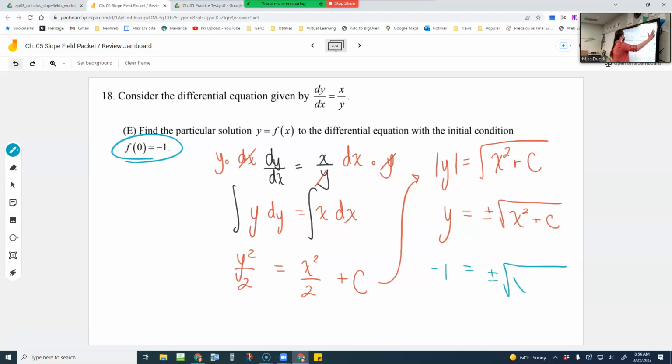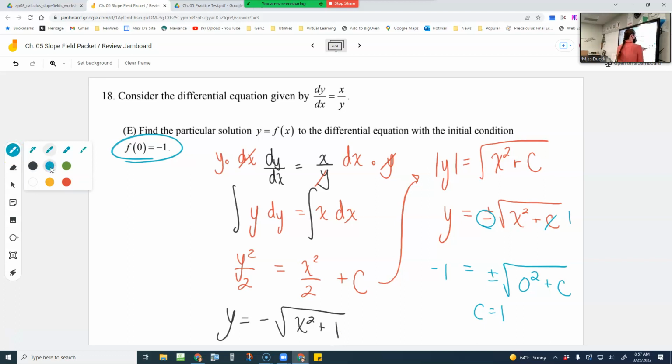Sorry, no, x is 0, right? 0 squared plus c. Even after you square both sides and you get c is equal to 1, you have to come back up here and realize, even after I plug in that 1, I'm still not going to have this negative unless I choose the negative square root. So my final answer in this one is not the positive square root, or else it would be impossible. My final answer in this one will be negative square root of x squared plus 1.